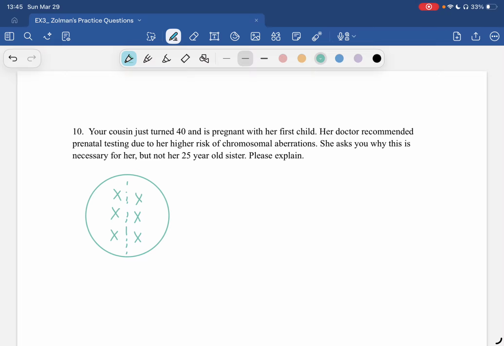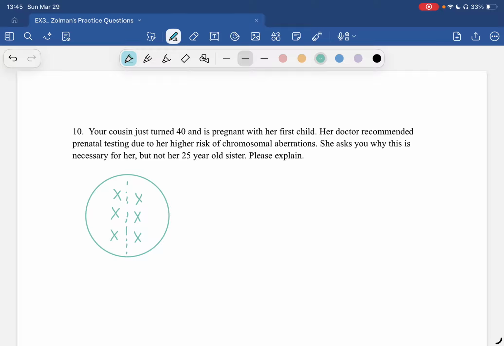However, because of this, the hypothesis is that non-disjunction increases with the length of time that paired chromosomes have to be maintained. So there's a higher probability that the paired chromosomes will break apart over time, which will lead to non-disjunction.